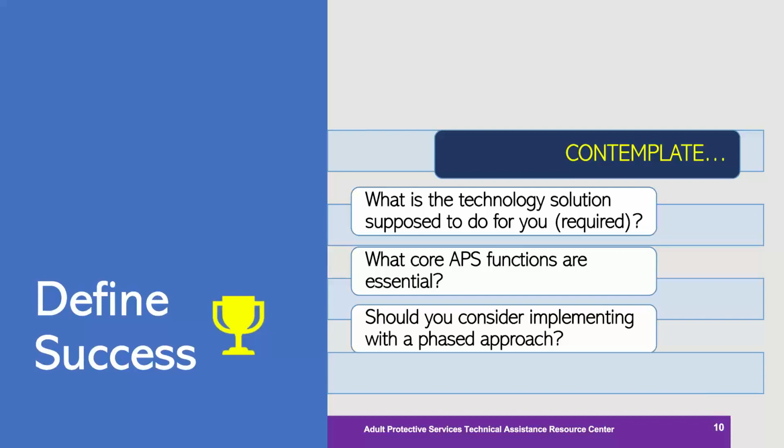This is called a phased approach. You could break things into phases. You might not get everything in the first phase, but I would suggest you break it into phases so that you can put it where you have your optimal times for your staff and your resources. Next slide.